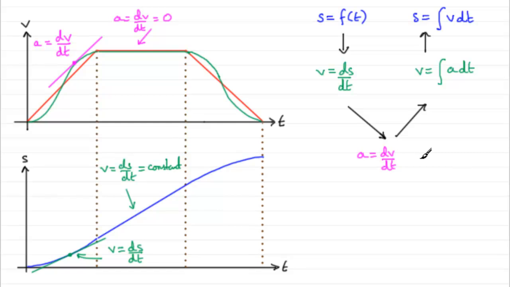Now it's also well worth noting that s is the integral of v with respect to time. And if we were to take our graph for v and were to integrate it, well, when you integrate a curve, you're actually finding the area underneath it.